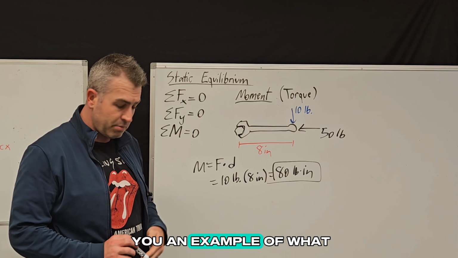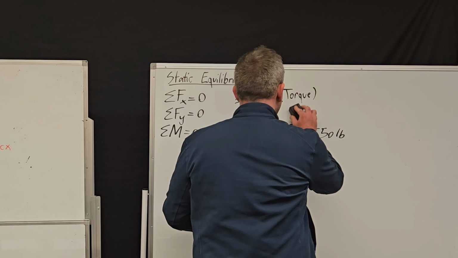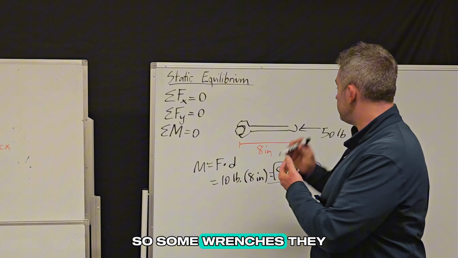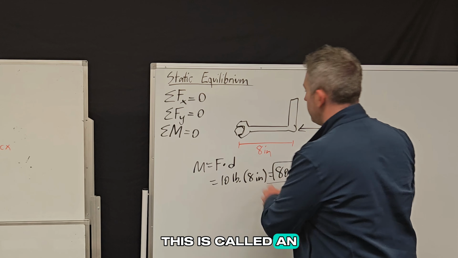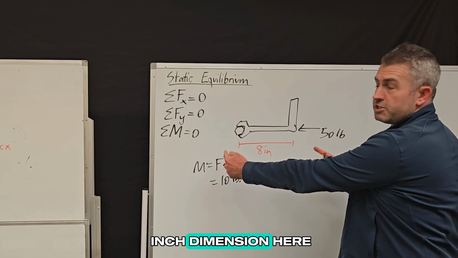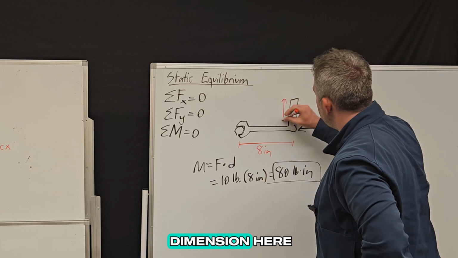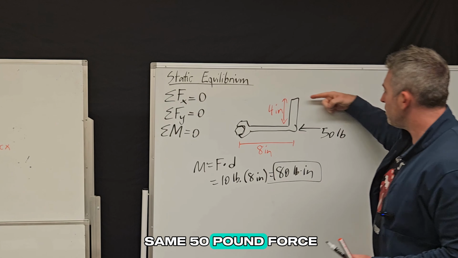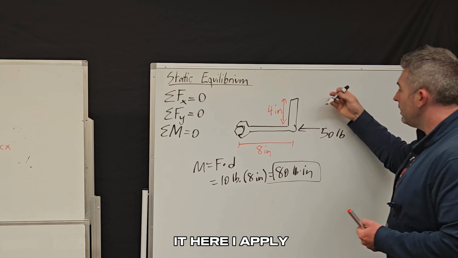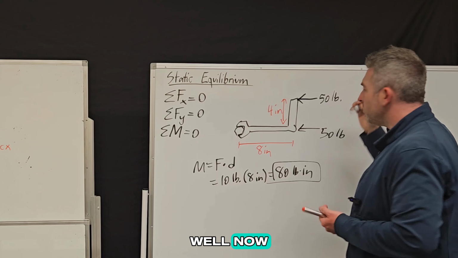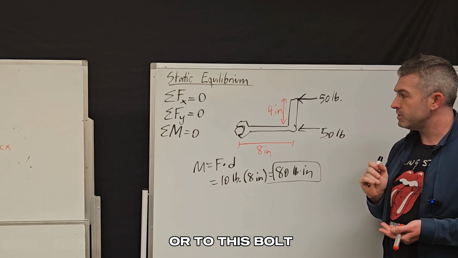So let me give you an example of what that would look like. If I redraw my wrench, so some wrenches, they look like this. This is called an L-shaped wrench. And let's say this wrench has an 8-inch dimension here and a 4-inch dimension here. And I take this same 50-pound force, and instead of applying it here, I apply it up here. Well, now did I apply a moment to this wrench or to this bolt?